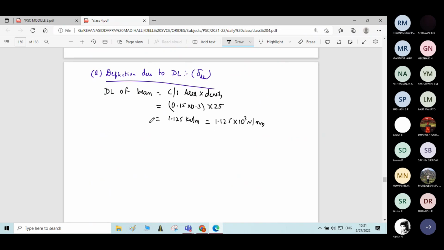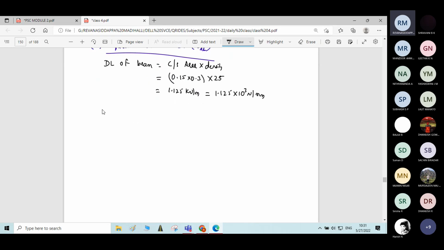Now, we have the formula for calculating deflection due to self-weight of the beam. We know that delta DL is equal to 5 by 384 W L raised to 4 divided by EC into IX.